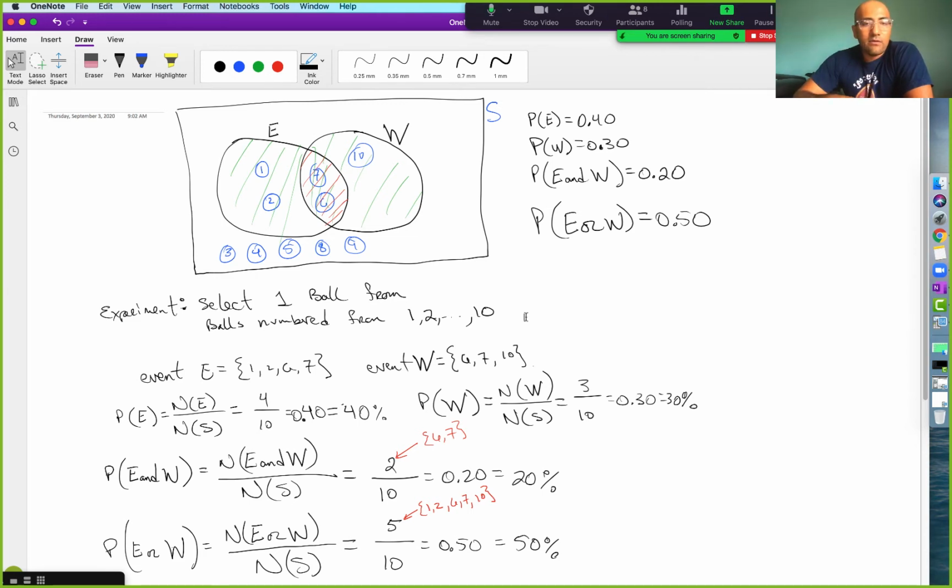I put money down on event E. I win money if those happen. My friend Wilson put money down on a 6, 7, or a 10. So if the dealer picks one of those ping pong balls, then Wilson is the winner. And if it's a 6 or a 7, we're both winners.